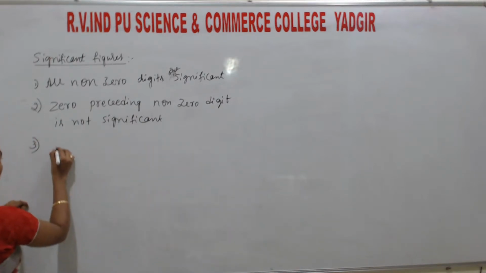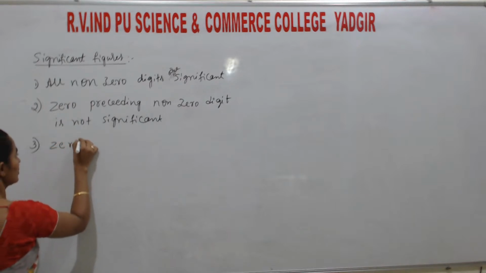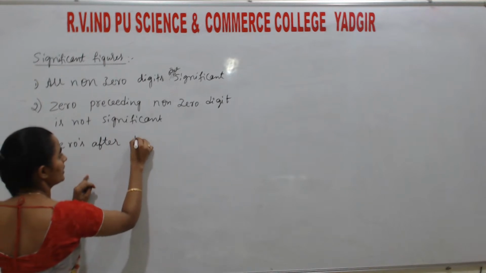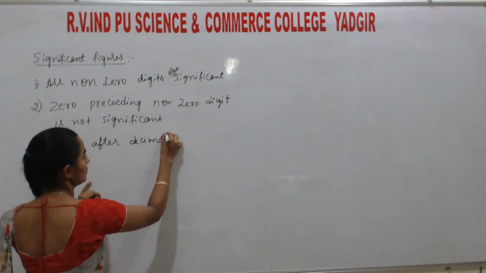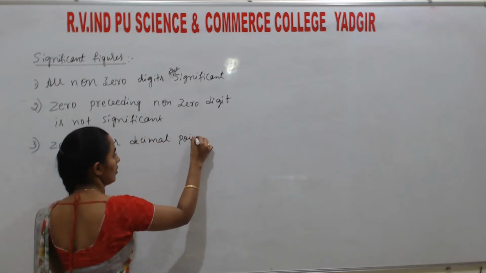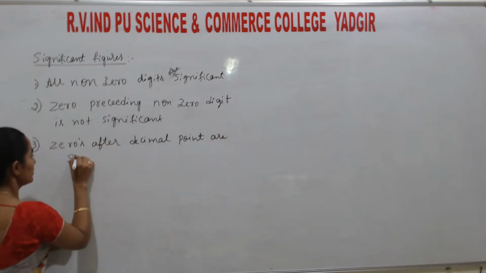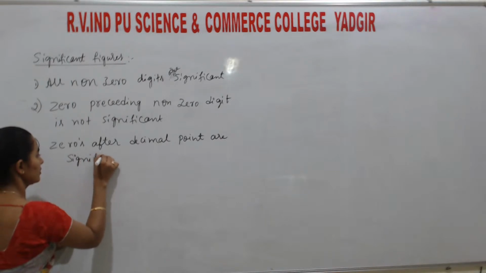Next, zeros after the decimal point. Zeros after the decimal point are significant.